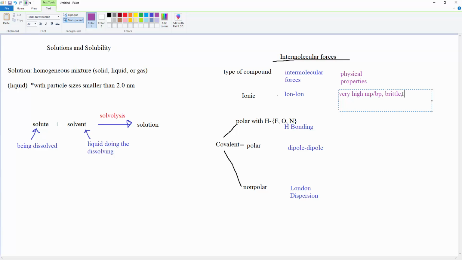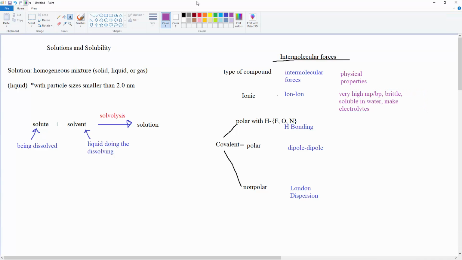And that if they dissolve, they sometimes dissolve in water. And if they do, they make electrolytes because the individual ions separate. So soluble in water because you have the positives and the negatives, right?